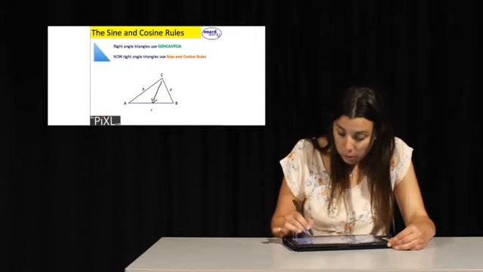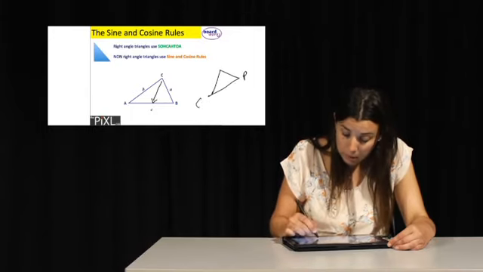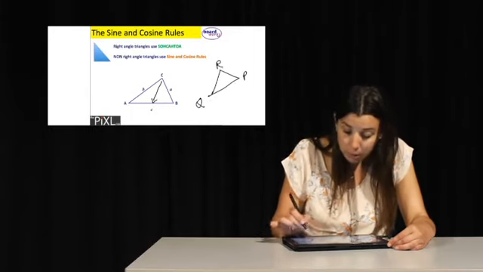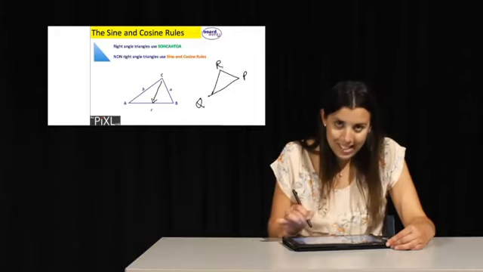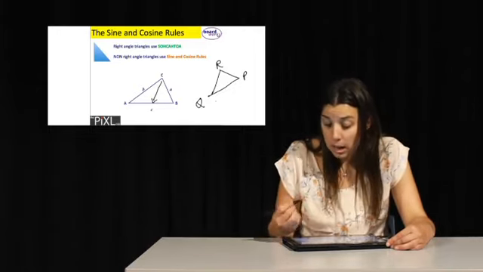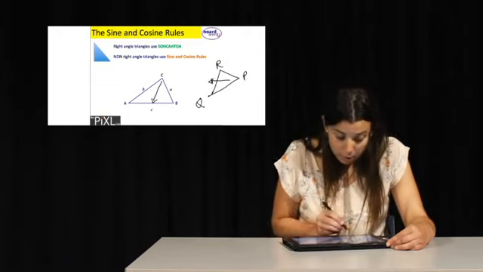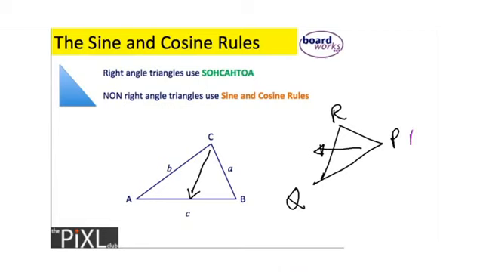If you were given a triangle which is labelled differently, for example P, Q and R, I would advise you to re-letter the corners, vertices and the sides as A, B and C, and make sure that your corresponding sides link up. For example, if this is A, your side over here will be labelled with a lowercase a. This convention is going to help you when you apply the rules.